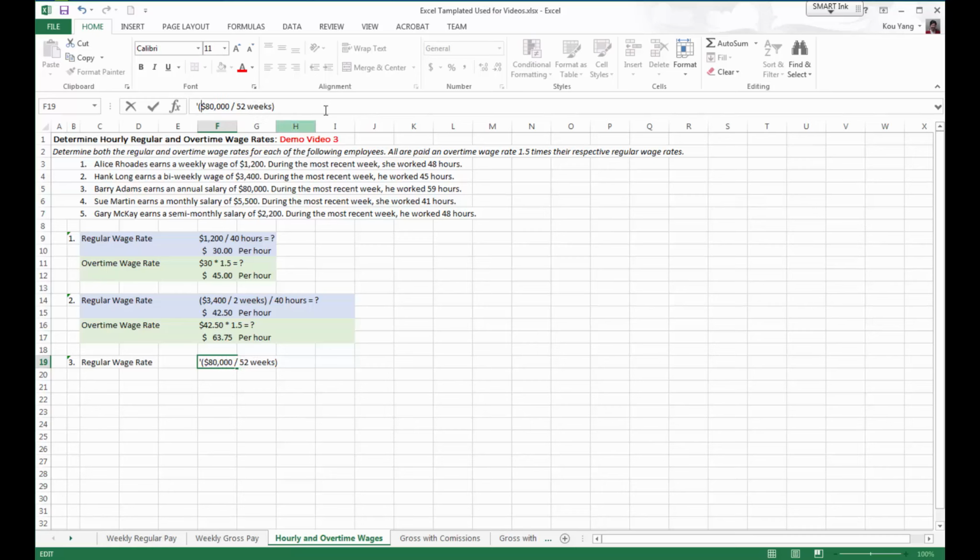And to find the correct breakdown, this is the same path you have to take. Basically, if you know the annual salary, you're going to have to divide it first by 52 weeks to find a weekly rate, and then divide by 40 hours to find an hourly rate. I'm going to take my formula and enter it in.